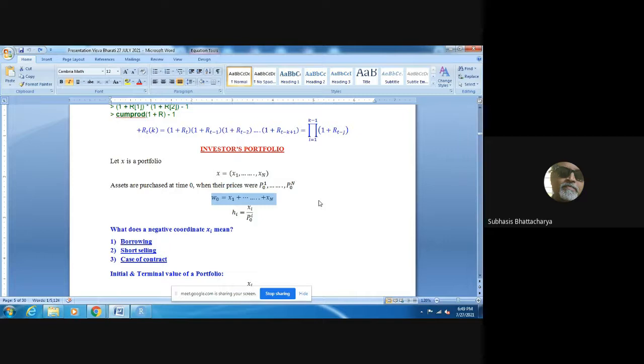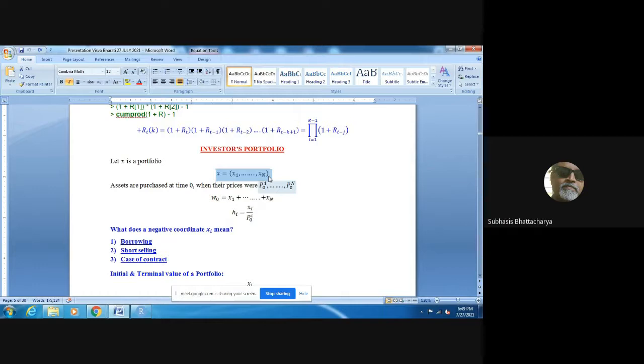We can express it in terms of a ratio: if this is the price of a unit of a share, and I put this amount of money, then how many shares I actually purchased is expressed by Hi. So Hi is the number of physical units of asset i in this portfolio.